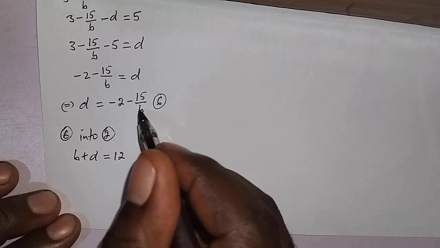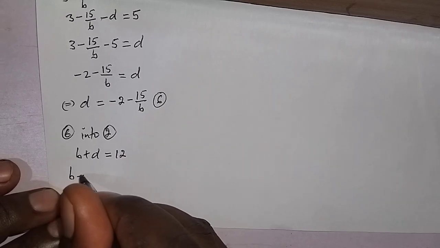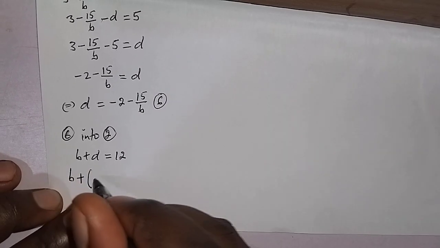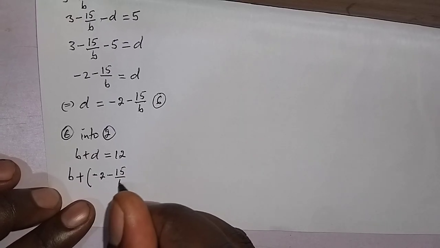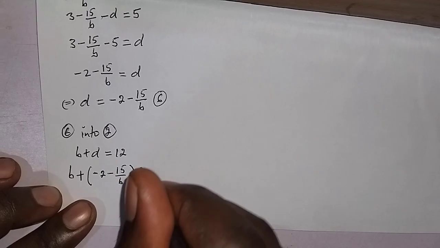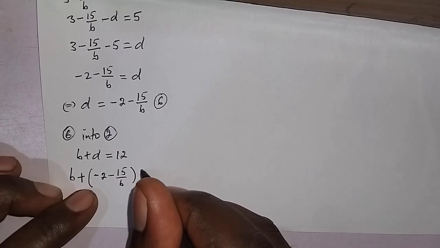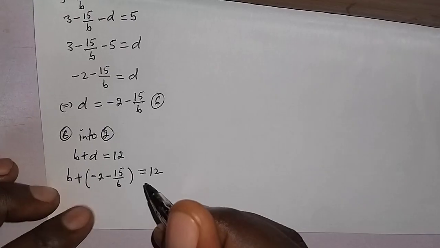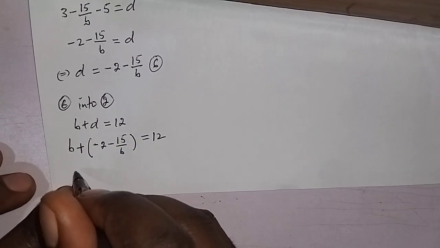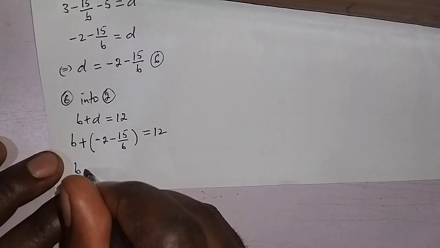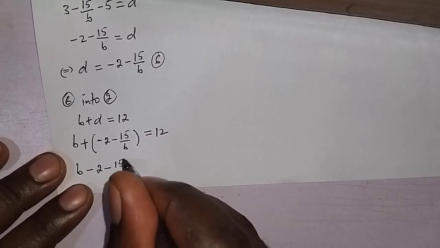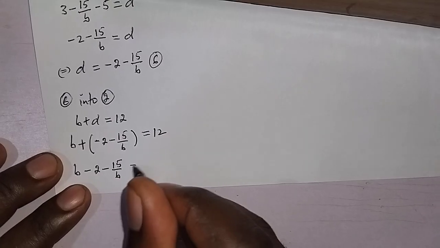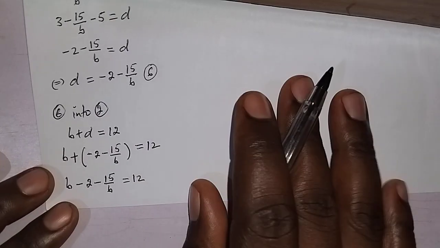And D is equal to this one. So B plus minus 2 minus 15 over B is equal to 12. So B minus 2 minus 15 over B is equal to 12.